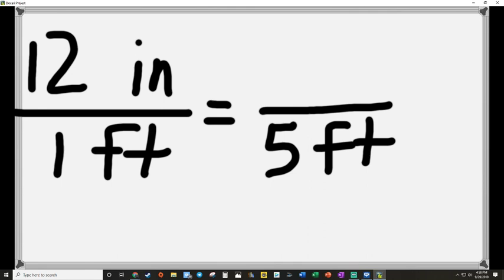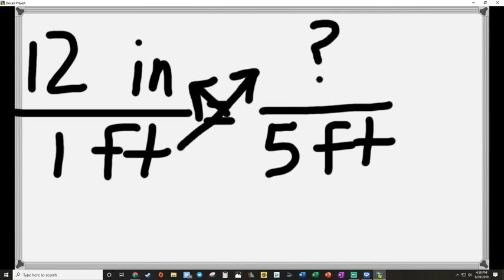How you set everything up is similar to how you figured out if the proportion was equal or not. You simply cross multiply. I know there's nothing technically here, so we'll put a square to represent a blank space, or a letter.